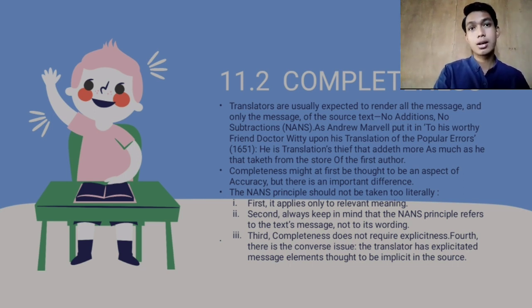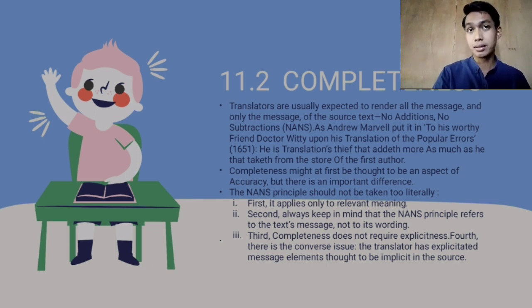And third, completeness does not require explicitness. Elements of meaning which the source text makes explicit can be left implicit in the translation. There is no problem of completeness as long as the reader can recover this element.